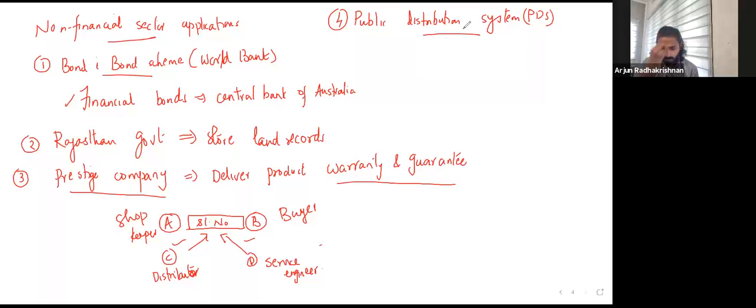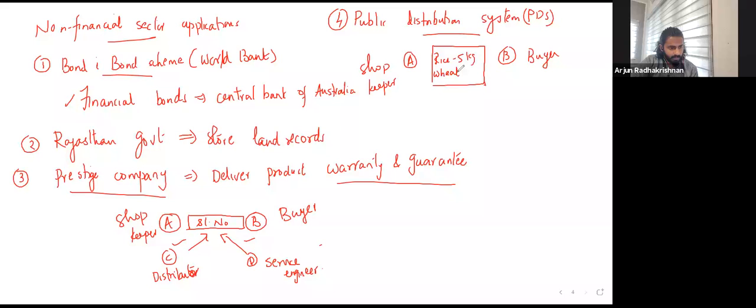These are ration shops. Here also we will create blocks. Suppose A is the shopkeeper and B is the buyer. You can first create a block saying rice 5 kg, wheat 10 kg, etc., and this will be verified by two people.